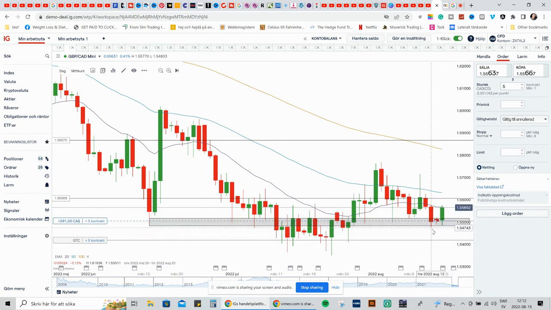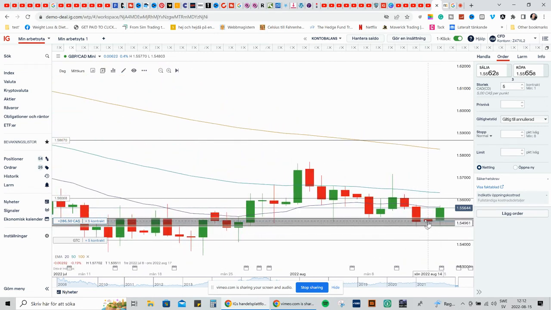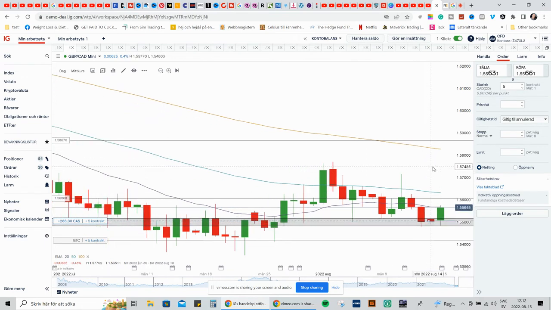We have a red long bearish one, and the second day we have a doji, a small body here, and then the third day, today, we have a bullish run on the upside, and at this very moment it is at the same level as two days ago when it opened. So far I have 285 Canadian dollars in profit.